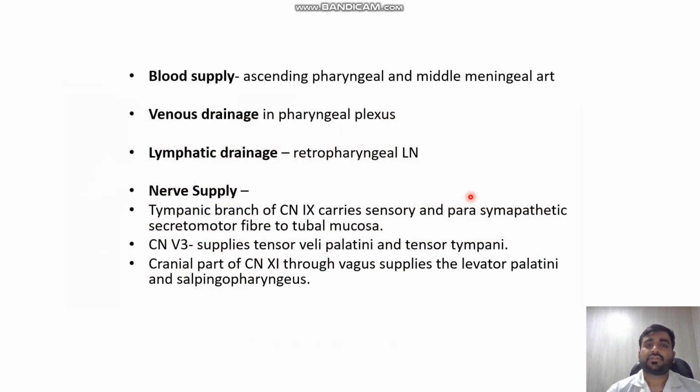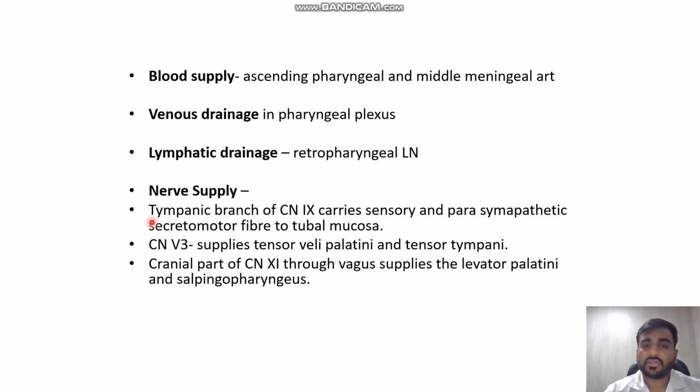Now the blood supply. The blood supply of the Eustachian tube is from the ascending pharyngeal artery and middle pharyngeal artery, venous drainage is by the pharyngeal plexus, and lymphatic drainage is to the retropharyngeal lymph nodes. Nerve supply: because there are four muscles, each muscle has a different nerve supply.